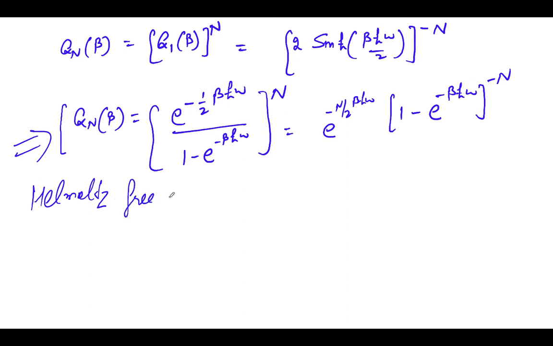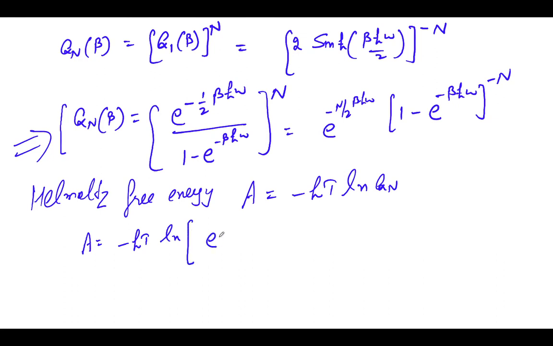So the Helmholtz free energy is A equals minus kT log of Qn, so I can write it as minus kT log of exponential of minus n by 2 beta h bar omega times 1 minus exponential of minus beta h bar omega raised to power minus n.